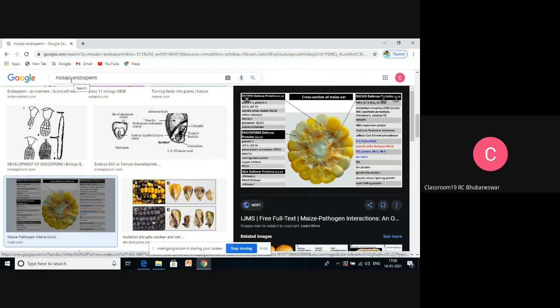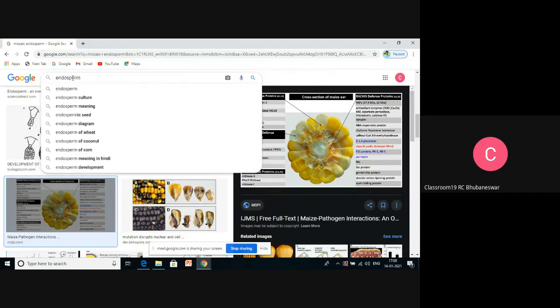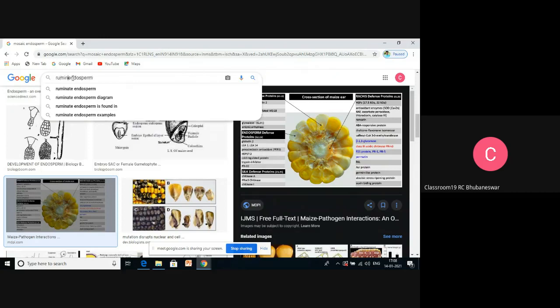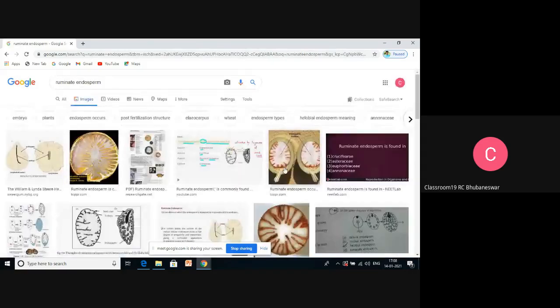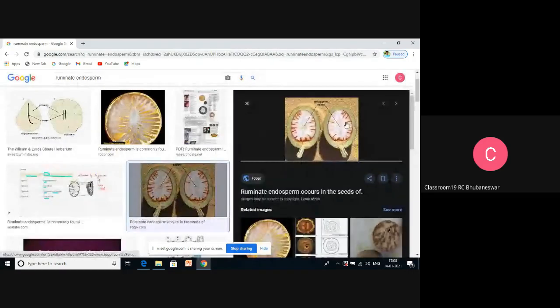Now next is the ruminant endosperm. When the endosperm does not have a smooth boundary or smooth outline, it is known as ruminant endosperm. Now I am showing the structure of the ruminant endosperm. Look at this figure.